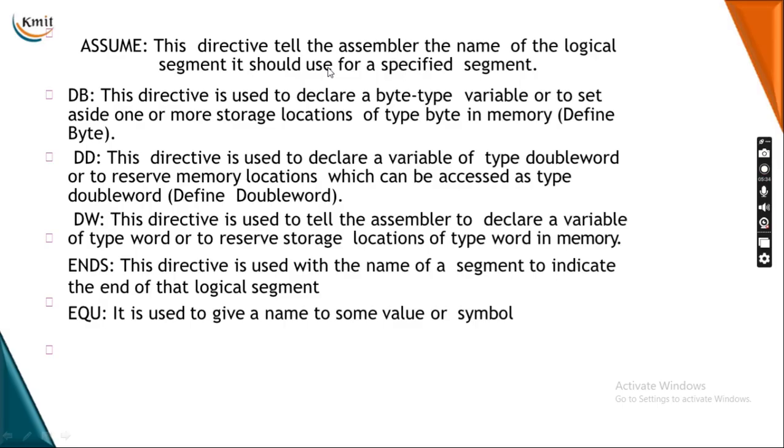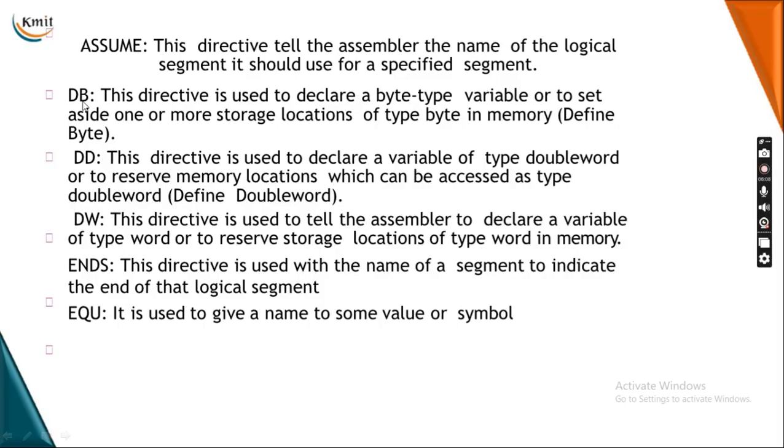So out of these 4 segments, which segment the assembler needs to use for a specified segment. For example, if we are writing ASSUME CS:CODE, DS:DATA, the CS code segment we are using as code and the DS data segment we are using for data. It is a non-executable statement, right?